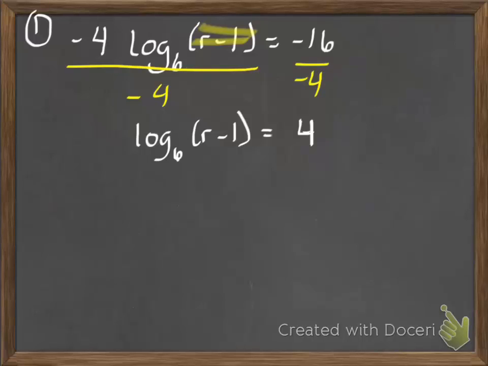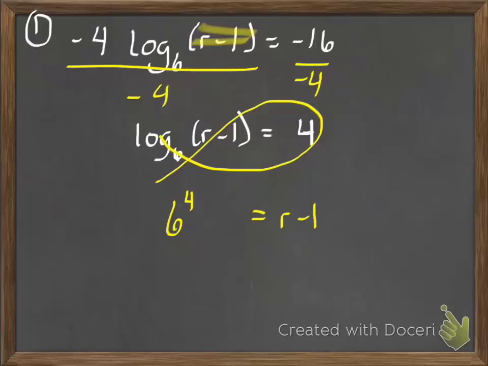Now, if you're at this point where you have just one logarithm, that's when you convert it. So start at your base, circle around, come back through. So that's going to be 6 to the 4th power equals r minus 1. So what's 6 to the 4th?